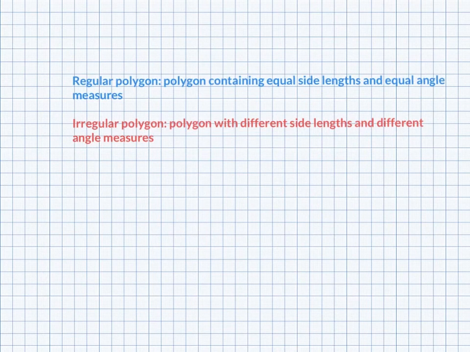So to add on to that, you'll want to make sure that you have these two definitions in your math notebook clearly written. Even though a polygon is irregular, depending on the type of polygon it is, it will have an angle sum that's equal to a regular polygon of that type as well.